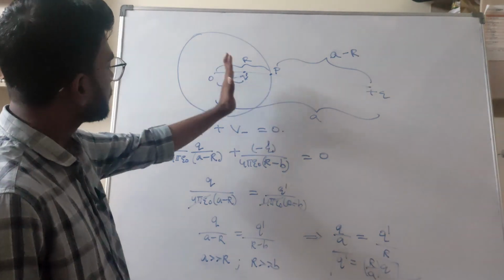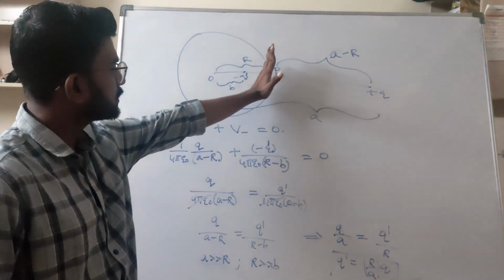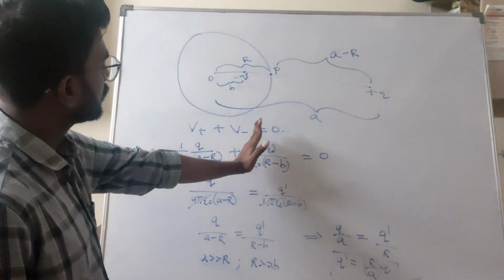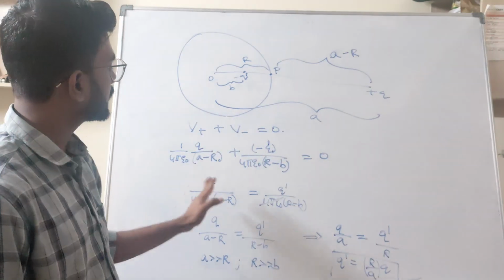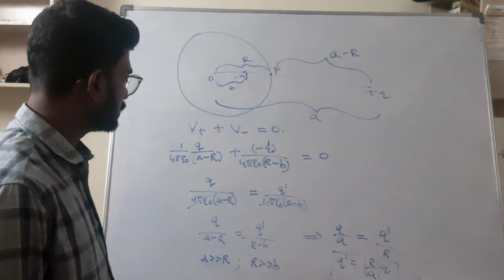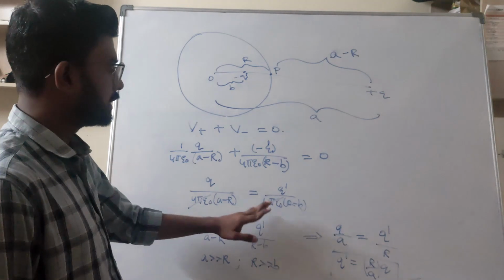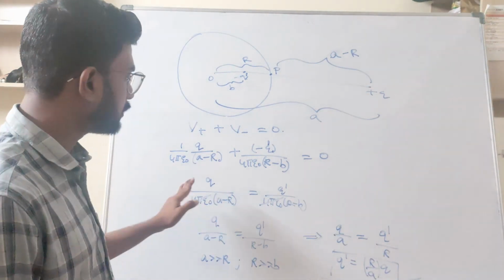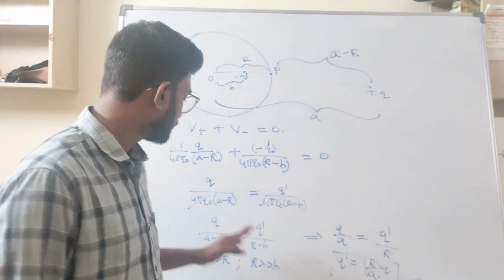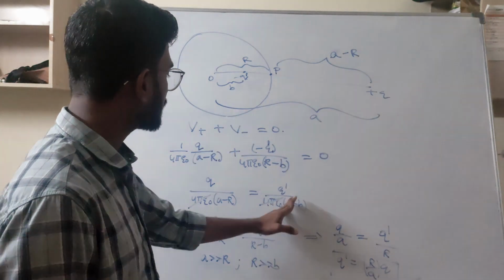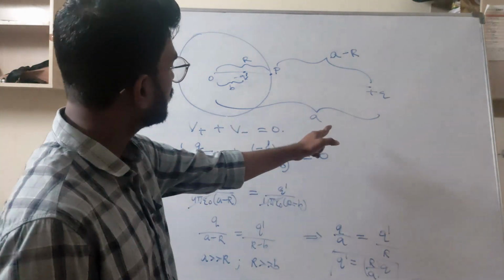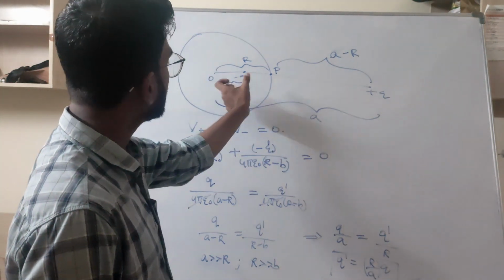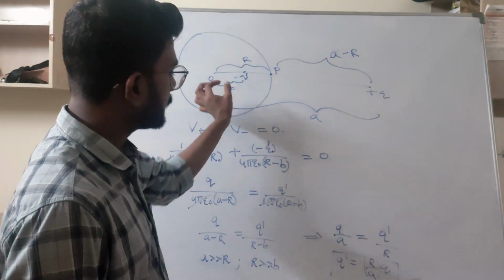You can apply it like this: this is the equipotential surface now, so you can apply both charges, plus q and minus q dash, like both charges sum to 0. So you can apply the normal potential formula, 1 by 4 pi epsilon naught q by distance. So a minus r is the distance here, and here r minus b. Here a was very large compared to r, but comparing r and b, r was very large compared to b.